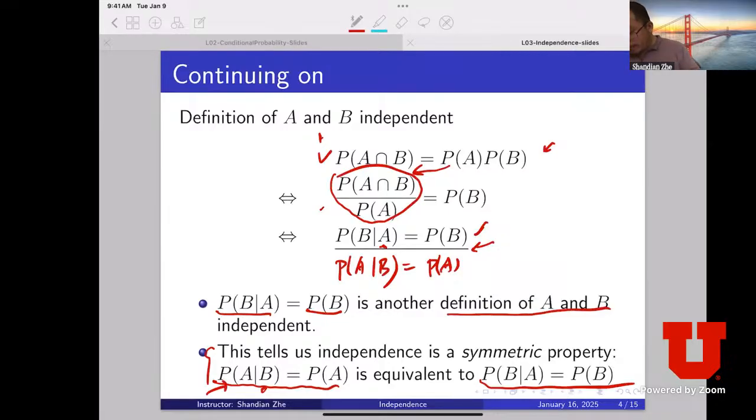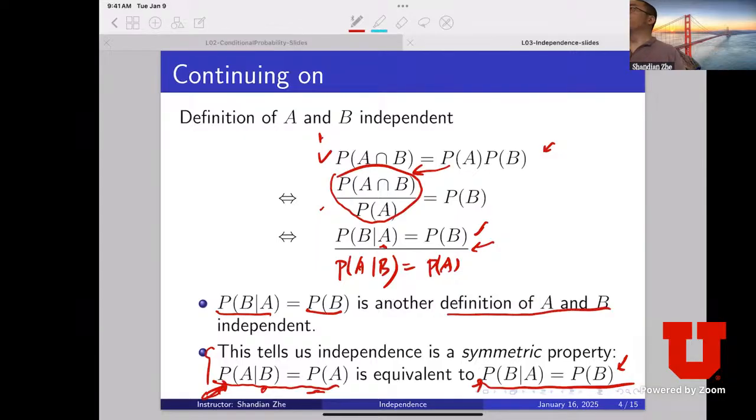Then we could also equivalently claim that the chance of B happening has nothing to do with whether A happens. That's what the second equation tells us.